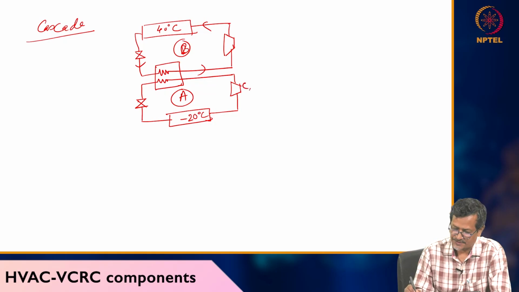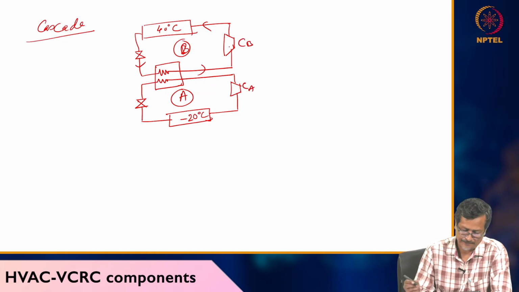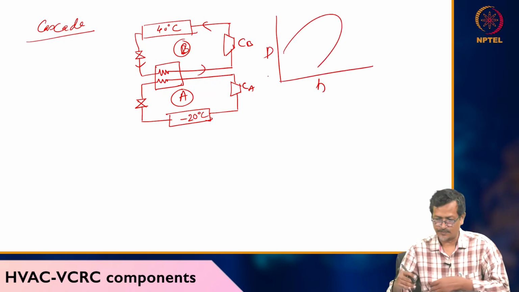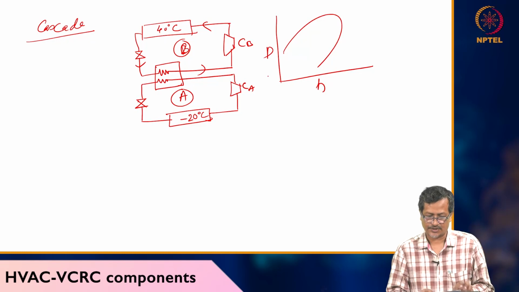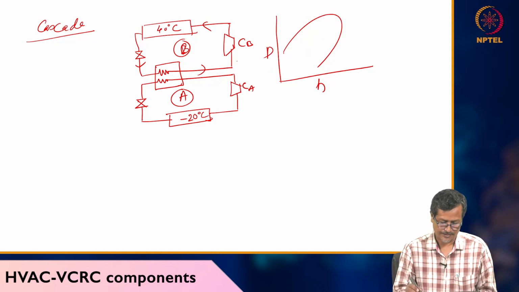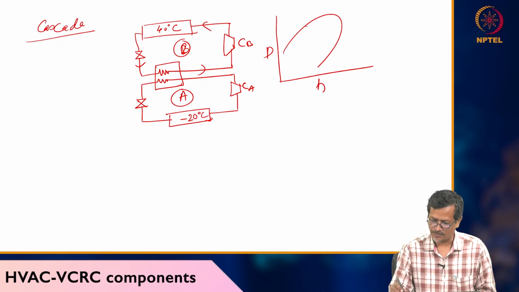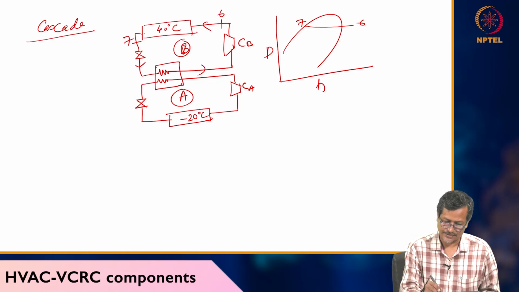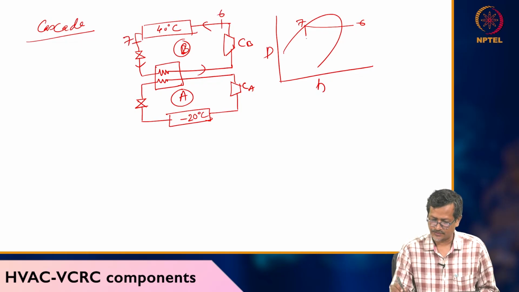This is compressor A, compressor B, and if I want to draw it in the pH diagram, the pH diagram will be a little bit tilted, this is the saturation curve. 6 to 7 compression happening, then 7 to 8 throttling happening.